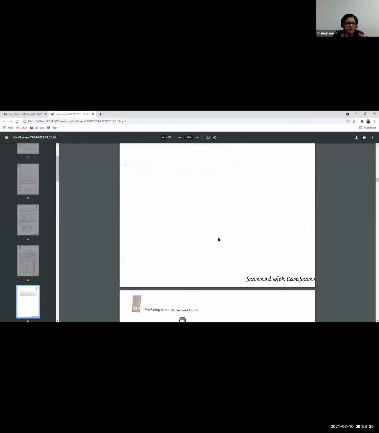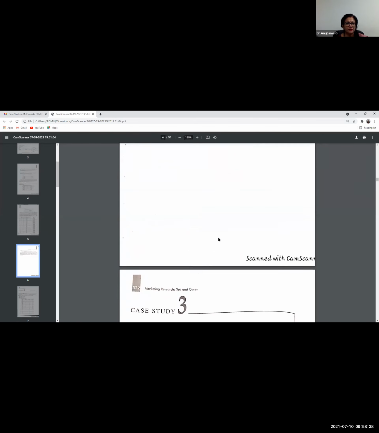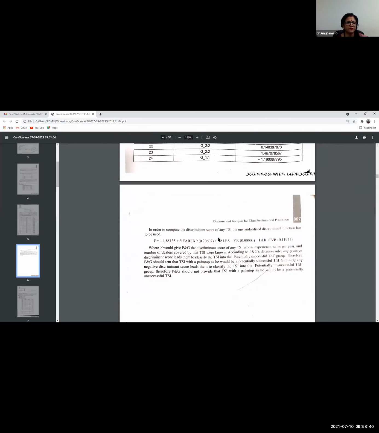The last part of the case study will give you the Y value, which is the dependent variable, a constant, and 3 independent variables: years of experience, sales, and dealer coverage. Coefficients are given, some positive, some negative. It helps you understand which independent variable affects the dependent variable most.